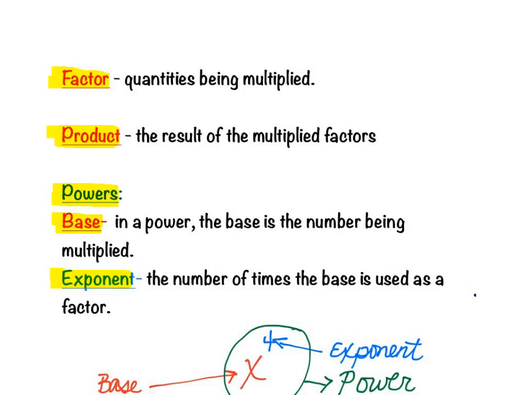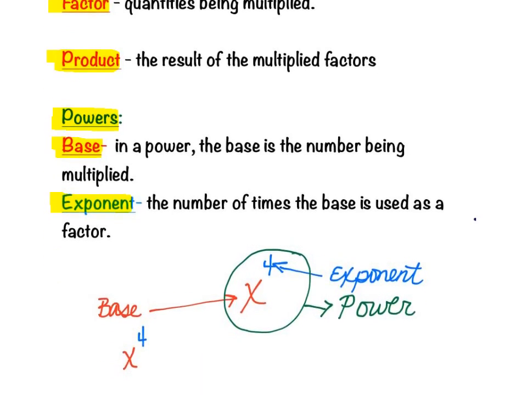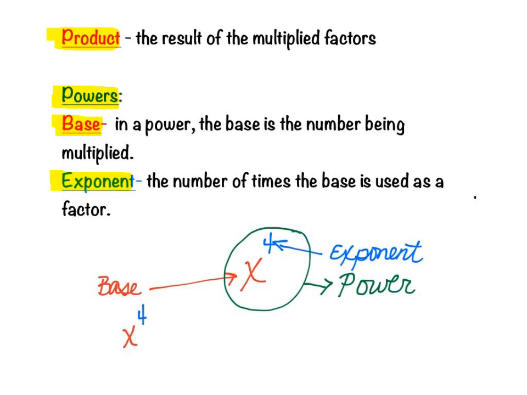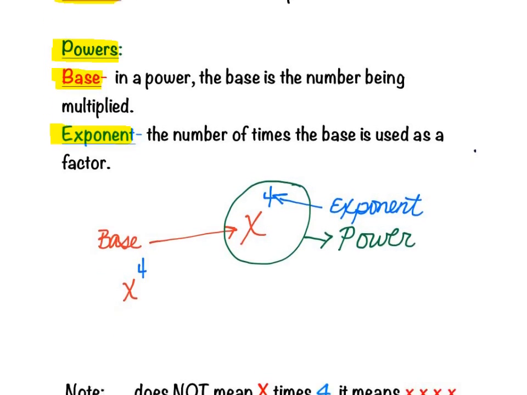And the exponent tells you the number of times the base is used as a factor. So in this example, x raised to the 4th power, x is your base, 4 is your exponent, and x to the 4th power is your power.